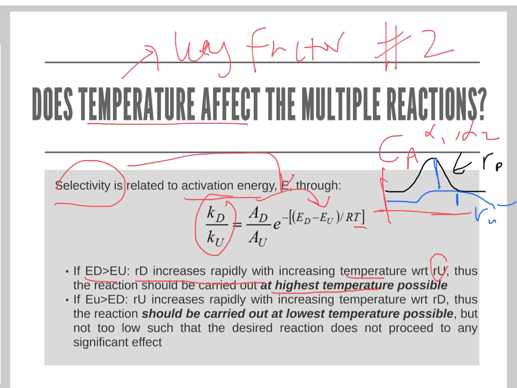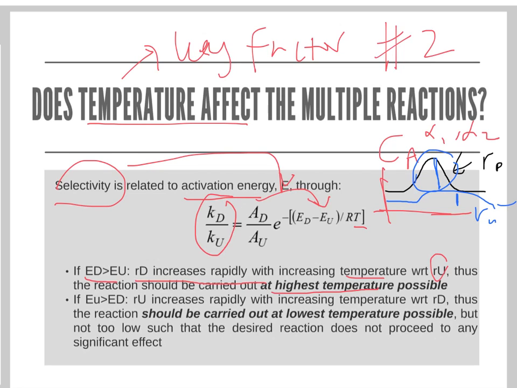So if the activation energy is high in RD compared to RU, you need high temperature to overcome the activation energy barrier. That's why you need to operate at the highest temperature possible.